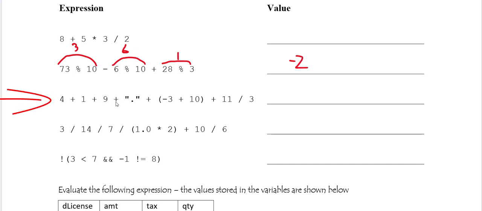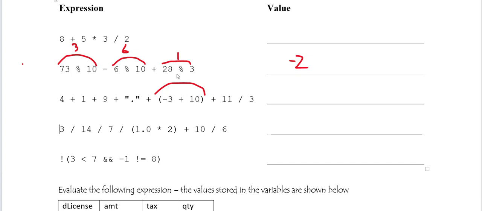I will do the next one. This symbol is not addition. This symbol is concatenation. Recall that if you have the plus sign next to a string, what you're doing is concatenation. Recall the order of operation. So you're going to do whatever is in parentheses first, regardless of the operand inside.